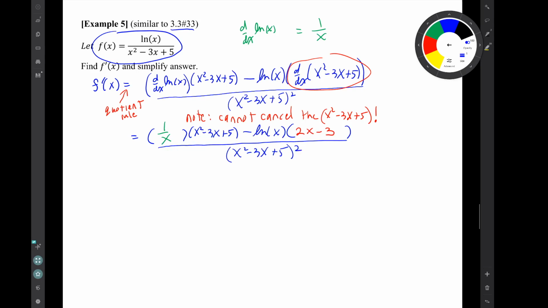we can't pull this 1 over x out front because that 1 over x is not a common factor on the left and right sides in the numerator. So I'm going to do a trick here. I'm going to copy this whole expression and move it down.